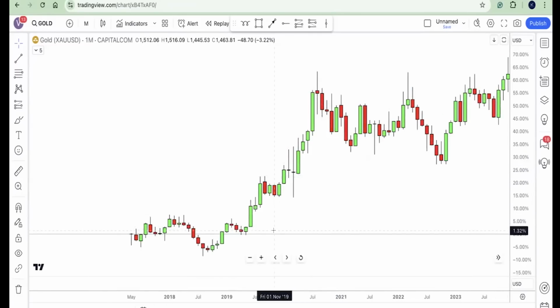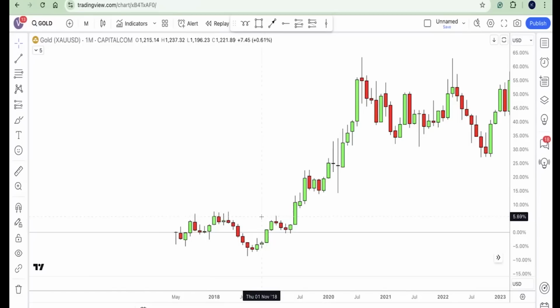Now let us see November 2019 to February 2020. You can see that here it worked. From November to February, it gave a big move. 2018 November here till February 2019. You can see that it gave good profit if you bought in November and sold in February, right?